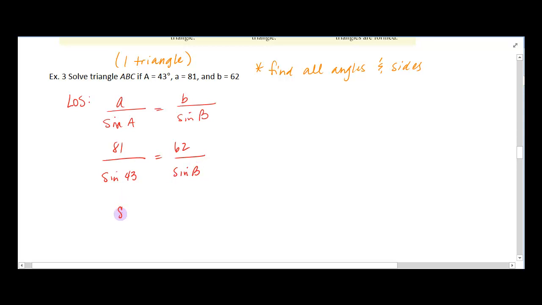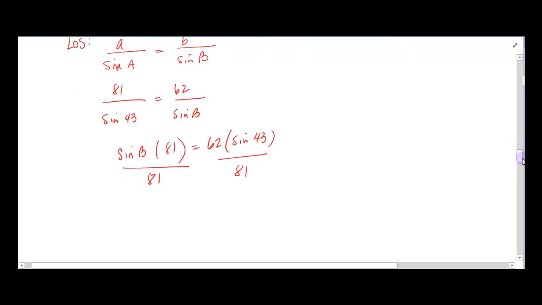So we have sine B that I'm going to multiply by 81, and we're going to multiply that by the other diagonal, which would be 62 times the sine of 43. So in order to get sine B by itself, I would have to divide both sides by 81. And I end up with sine B equal to 62 times the sine of 43 divided by 81.